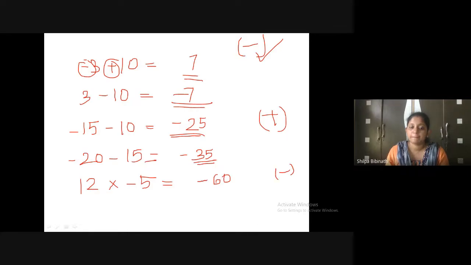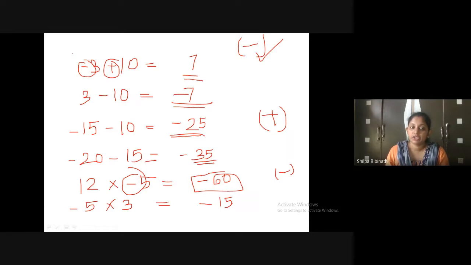So it will be minus 60. If it is minus 5 into 3, the answer is what? 5 3s will be 15. You can see one minus sign, the answer will also be negative here. Okay. In multiplication, please note, no matter whether the number is smaller or greater, if you find one negative number, the answer will always be negative. Keep this in mind.